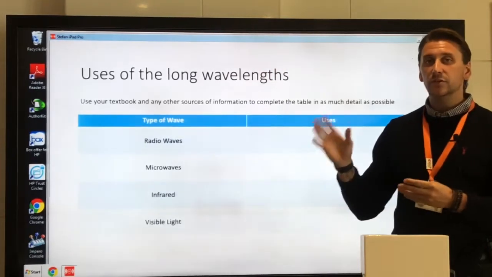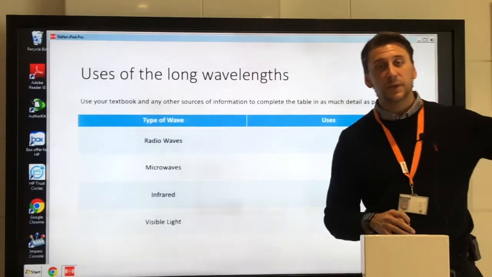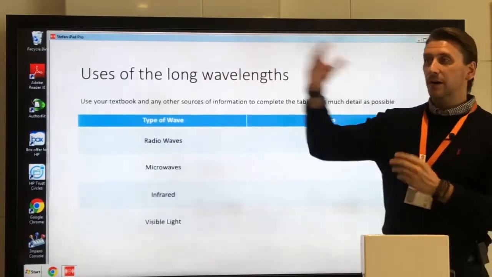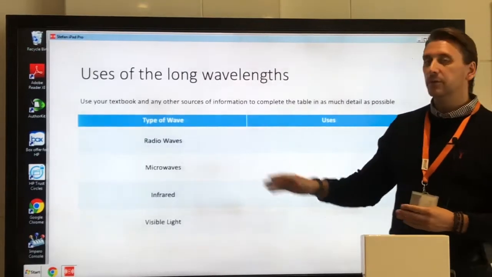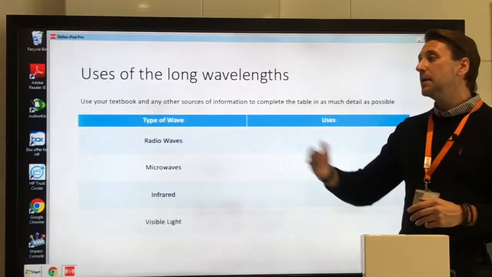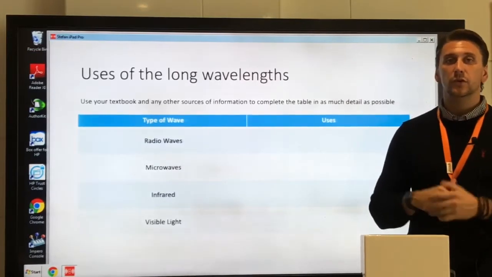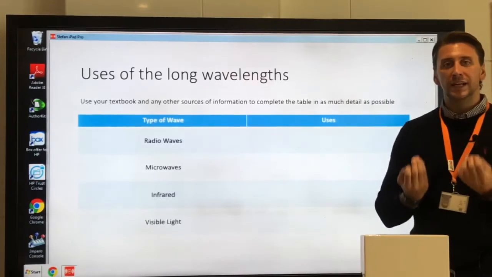So we still use microwave signals to transfer information large distances into space, for example, to satellites, across cities again in straight lines, which I'll come to in a second. But microwaves, first and foremost, were used in long-range communication, but we then discovered they could be used for heating food.